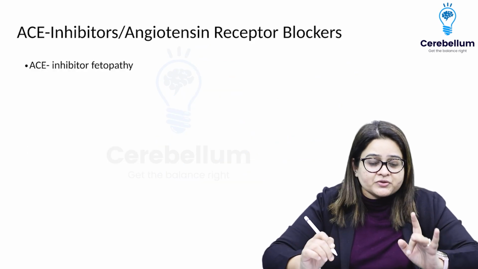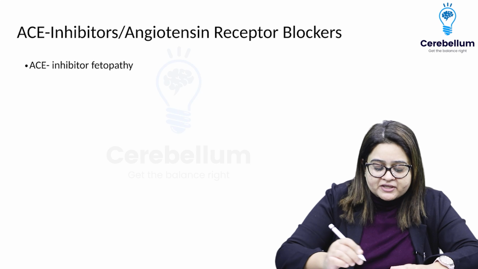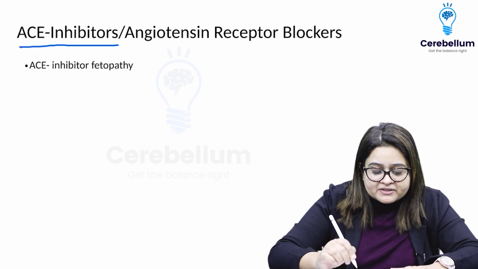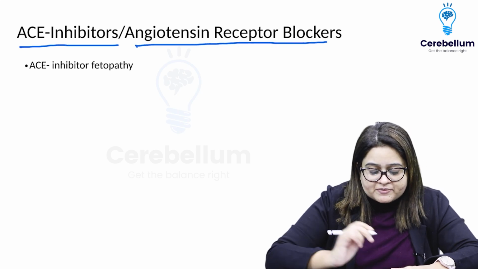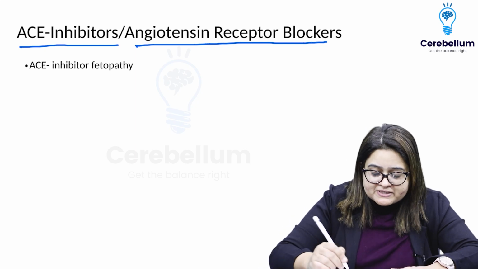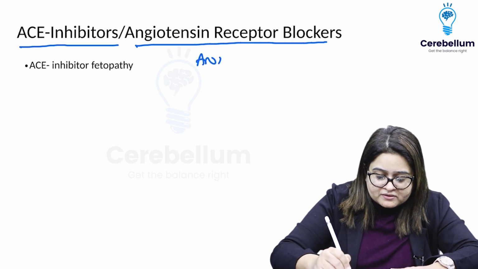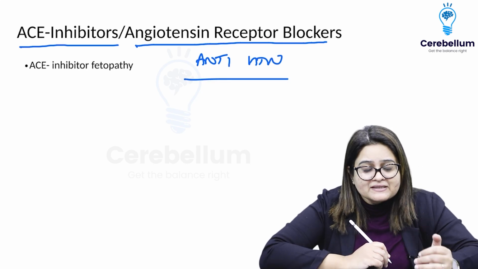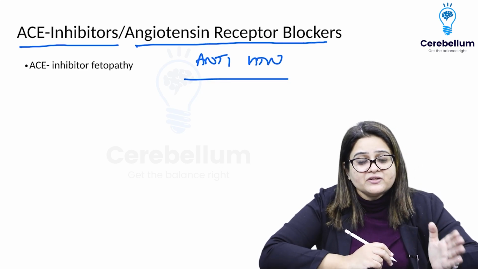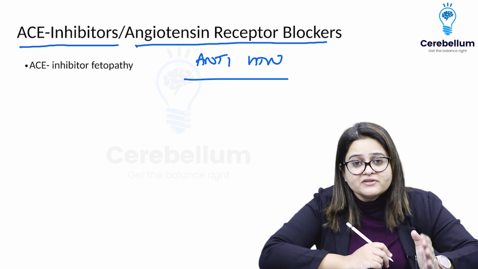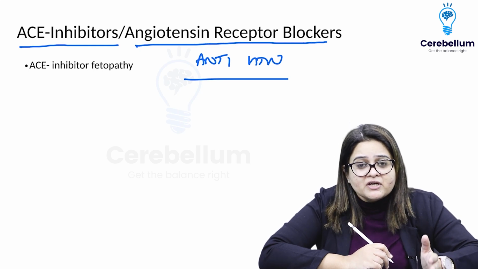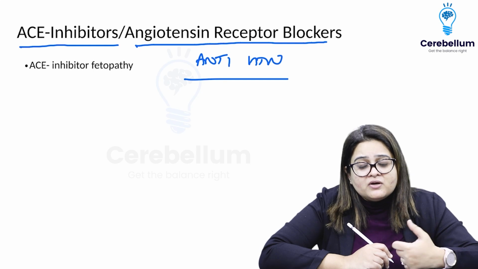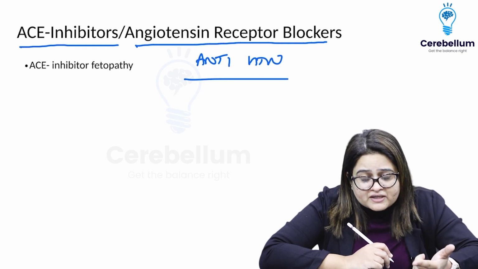Now, the next important drug you should remember, which is teratogenic, are ACE inhibitors and angiotensin receptor blockers. Okay, these are basically anti-hypertensives. And if a woman is taking these preconceptionally, again you need to shift her to a safer anti-hypertensive, which could be labetalol or calcium channel blockers.